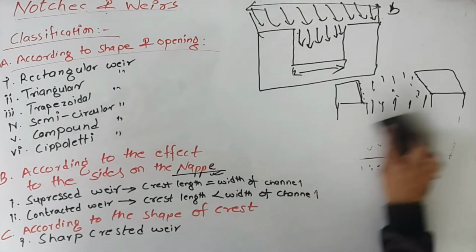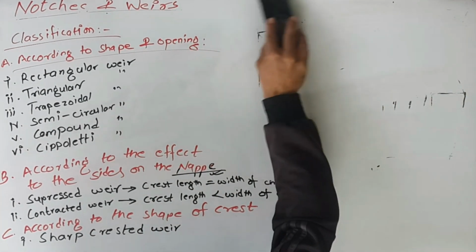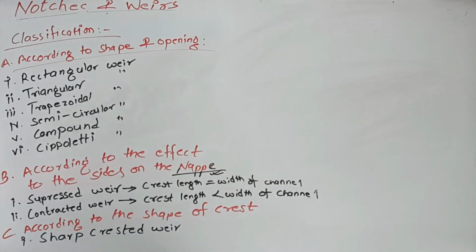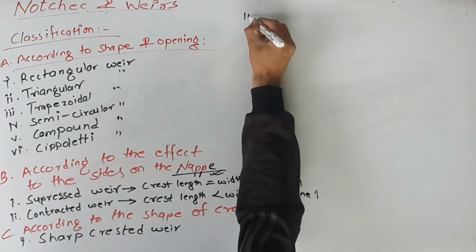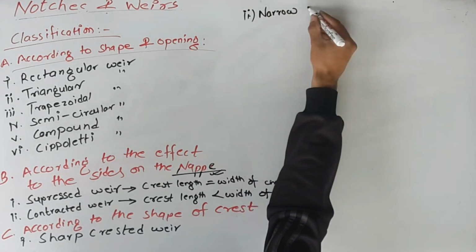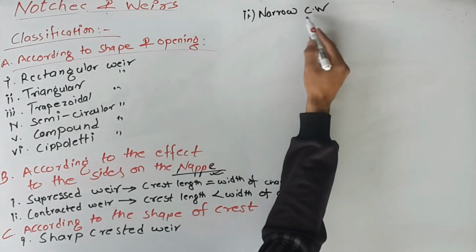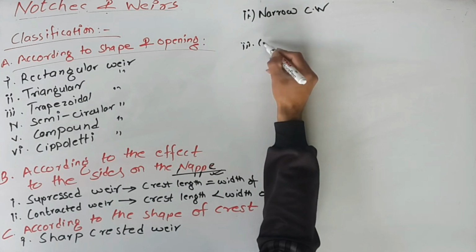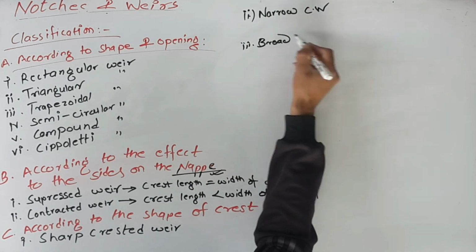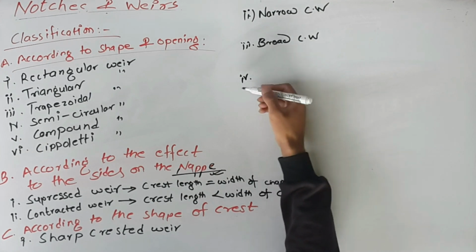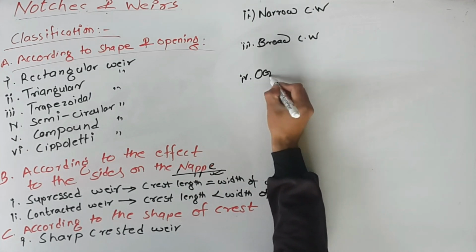And then we have narrow crested weir, and third, broad crested weir, and fourth we have OG shaped weir.